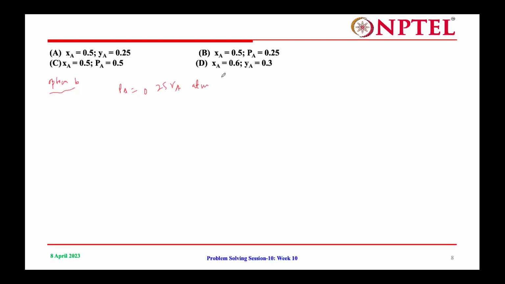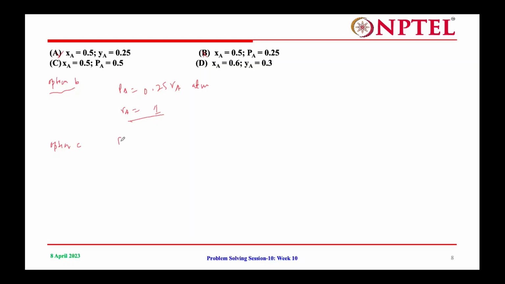Now P is given as 0.25, so put it here, and gamma A is equal to 1. This is also an ideal solution. Take option C. Put x equal to 0.5 in equation 2.